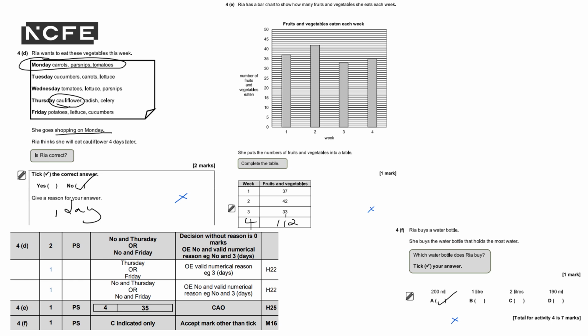And for 4F, the only accepted answer is C, and our learner has put A, possibly due to a common misconception that 200 of anything is bigger than 1 of anything, without actually looking at the measurements. So we've got 200 millilitres is thought to be bigger than 1 litre or 2 litres, which is incorrect.